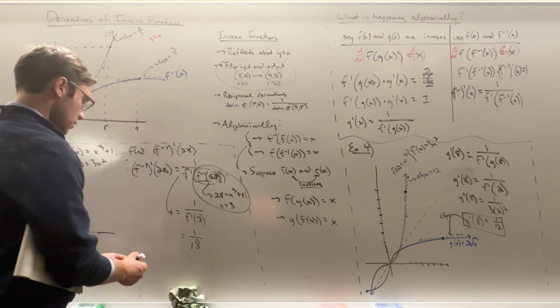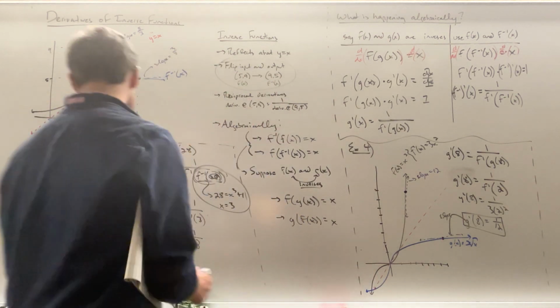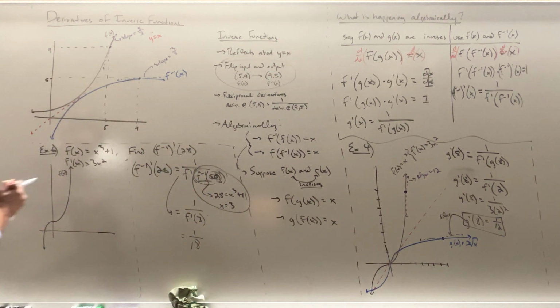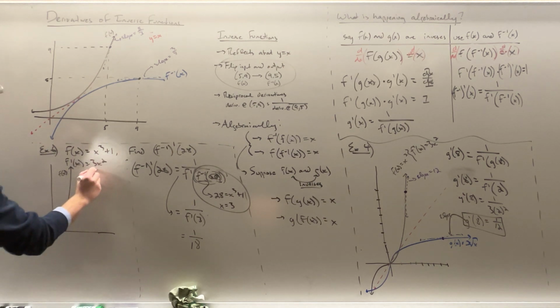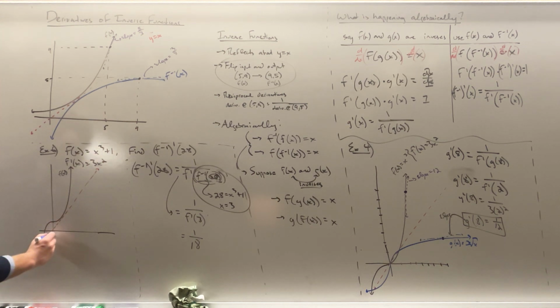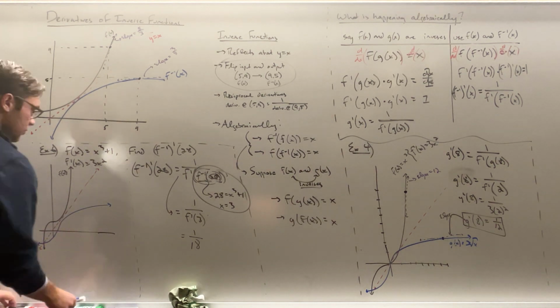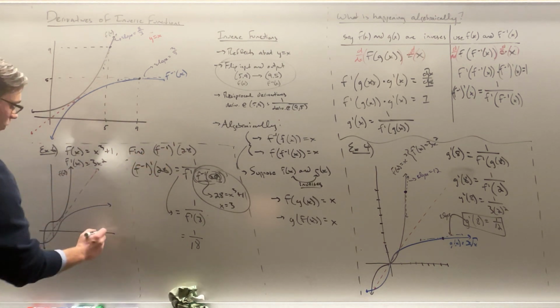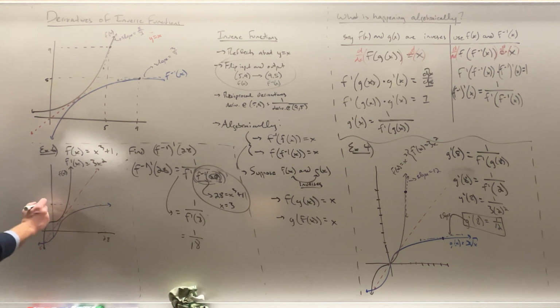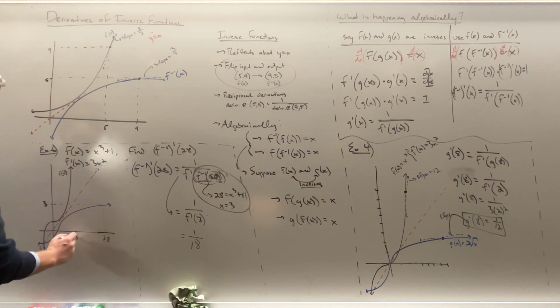Then you have f inverse of x, which is reflected here. And here's what's going on. We're trying to find the derivative of the inverse at 28. What we need, and this is drawn not to scale at all, is this is 3.